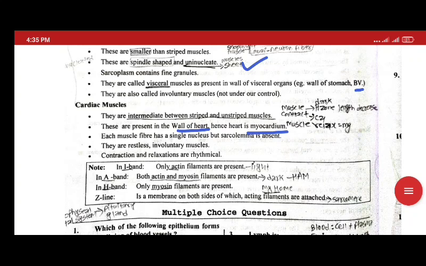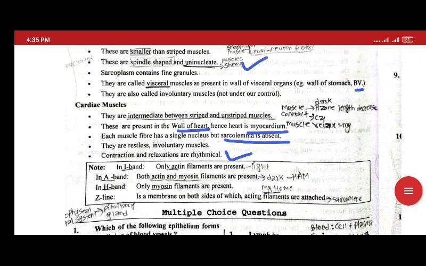Here sarcolemma is absent. And it is also involuntary muscle, not in our control. Heart is not in our control.